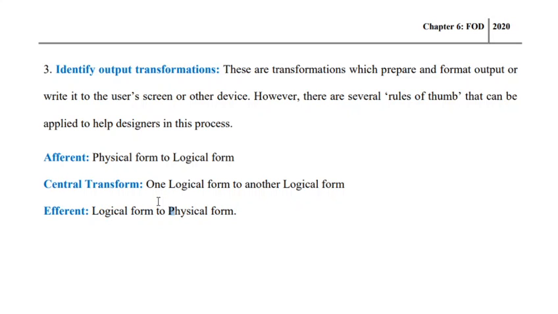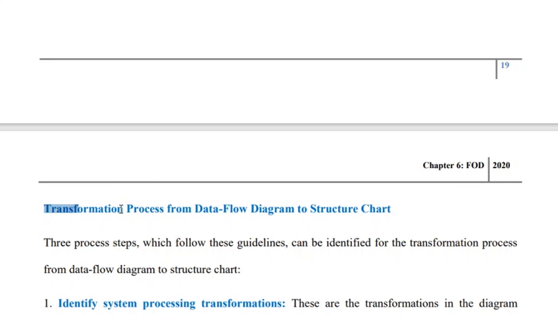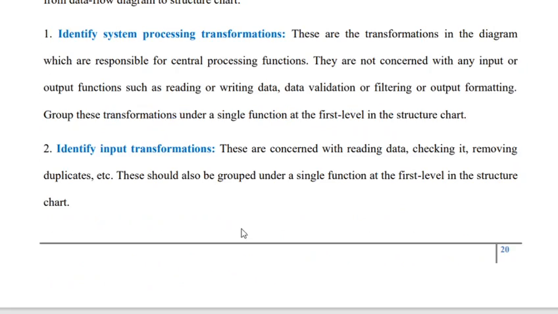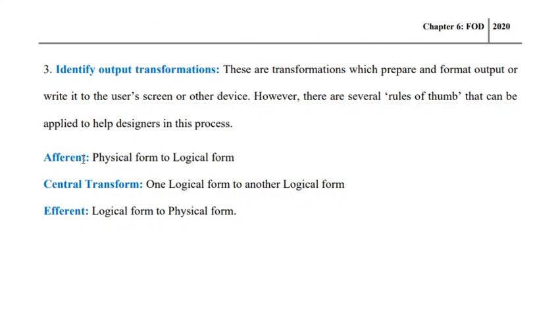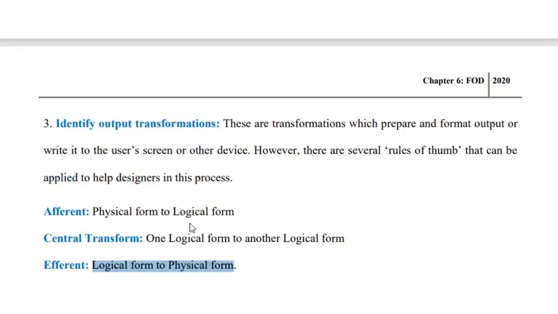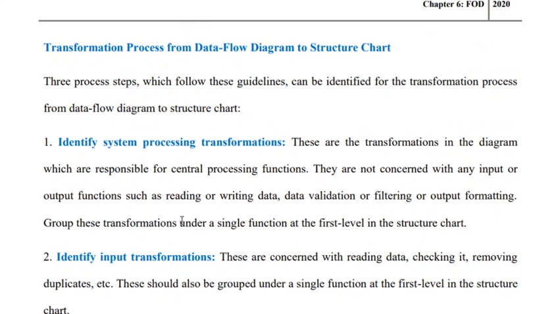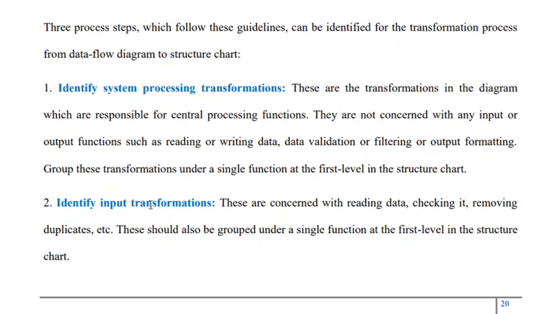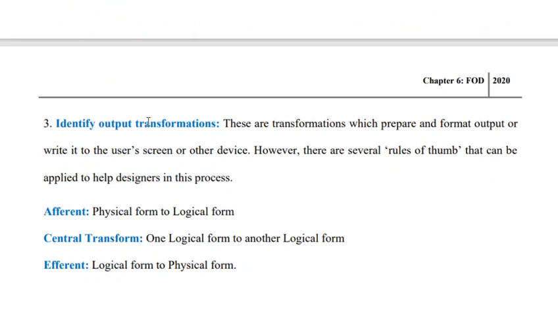Whenever we are trying to transform a data flow diagram into a structured chart, all the modules that are capable of performing physical to logical are grouped into one. Logical to logical is grouped into another, and logical back to physical is grouped into the third one, right? That's called transformation analysis. The various steps involved in transformation of a data flow diagram into a structured chart are: identify system processing transformation, identify input transformation, and identify output transformation.